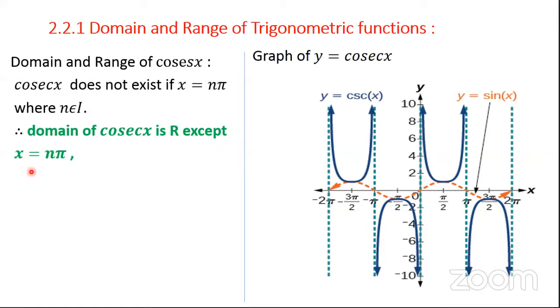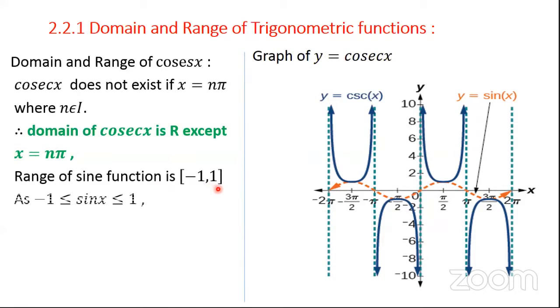Now what is the range of cosec x? For that we go to the range of the sine function. The sine function has a range from -1 to +1. That means sin x lies between -1 and +1. But cosec x means 1 upon sin x.